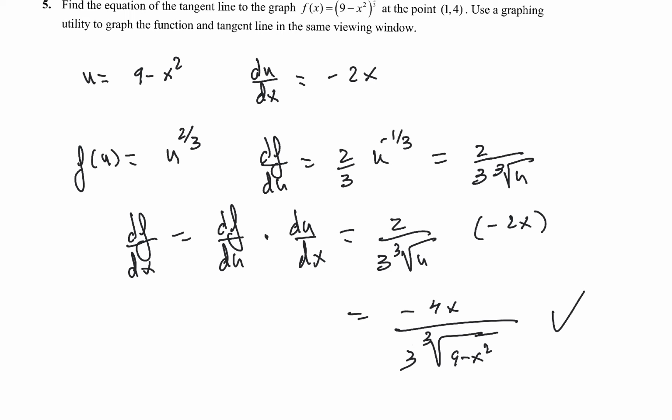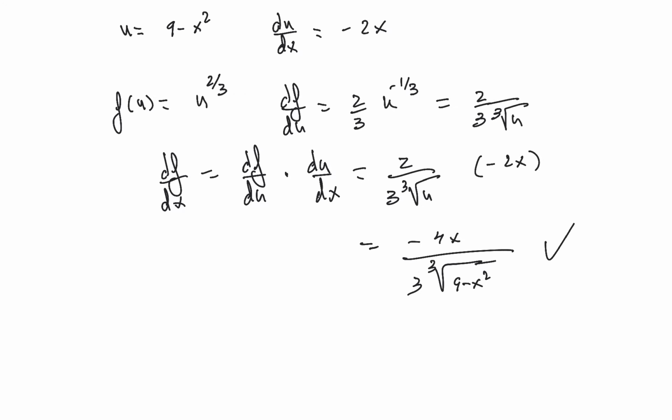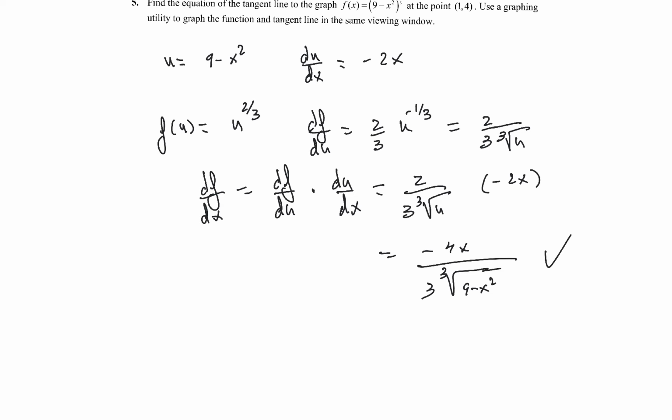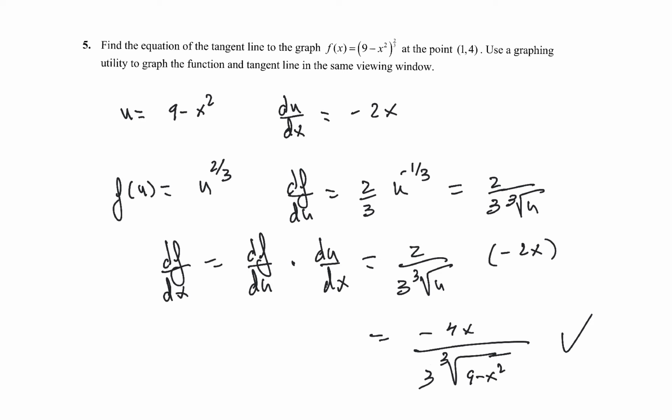And the next problem says, find the equation, and at the point 1,4, what is the slope? The slope at the point x equal 1. If x equals 1, I have to be sure that they are not cheating me. If x equals 1, it will be 9 minus 1, it will be 8. 8 squared will be 64.